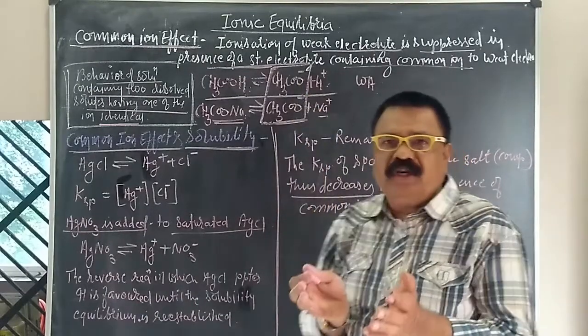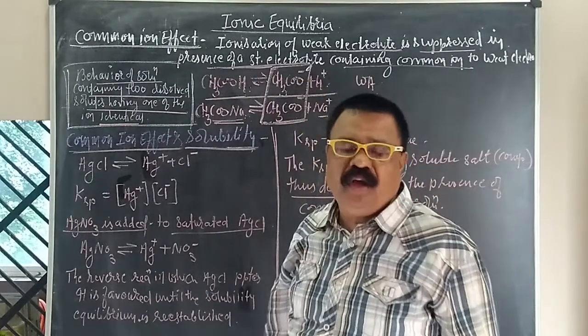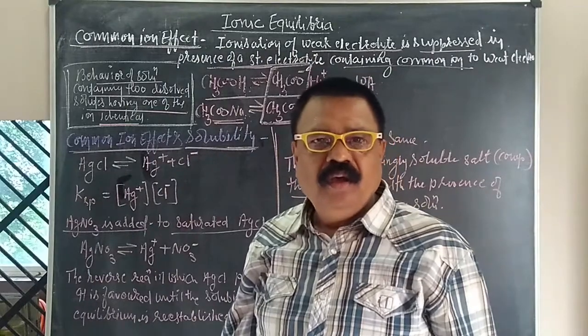And as soon as the concentration of the acetate ion increases, the hydrogen ion combines with the acetate ion, and it will again produce the CH3COOH.